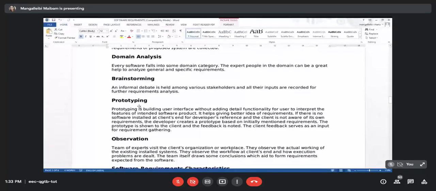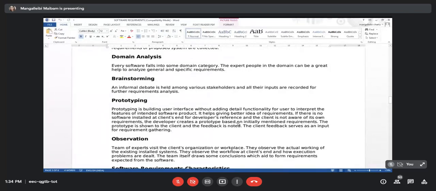prototyping. Prototyping is nothing but some functionality added for the user in order to get a better idea of requirements. In order to get a better idea from the user, we will be adding a user interface.